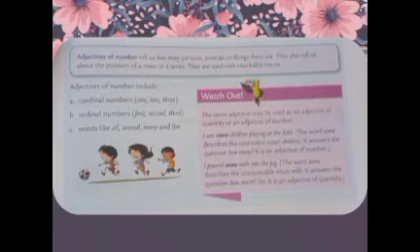What are demonstrative adjectives? Demonstrative adjectives, if we want to point out anything. So if we want to point to a particular noun that we are talking about, those adjectives are called demonstrative adjectives. What are they? They are this, that, these, those.